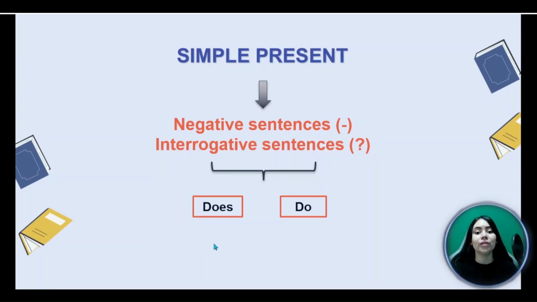Remember, we use these two auxiliaries to create negations and questions. And with does, we use the third person: she, he, and it. And do is for the other subjects: you, we, I, and they.